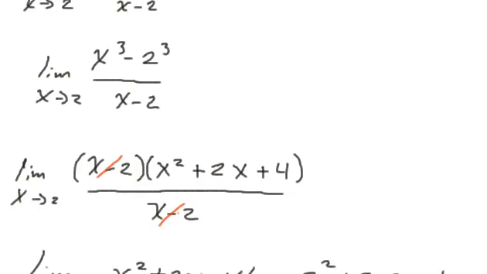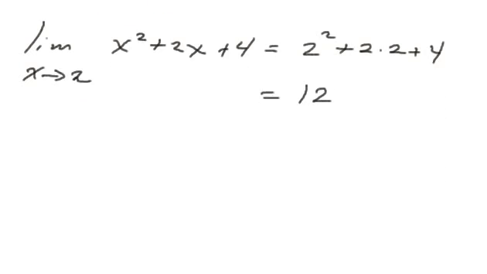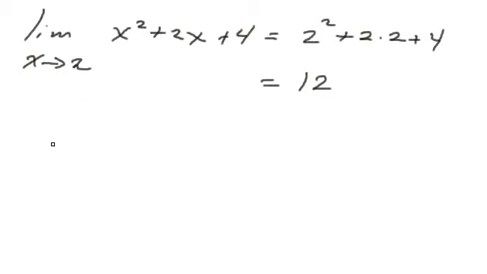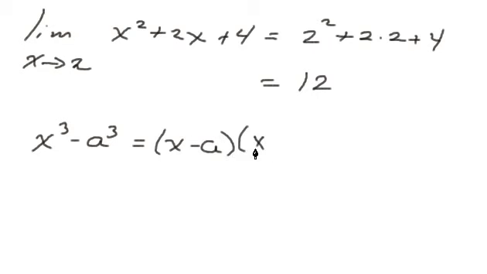I've got a minute or so. Let me write down the formulas again. So x cubed minus a cubed, if we were to factor this, this factors to x minus a times x squared plus ax plus a squared.